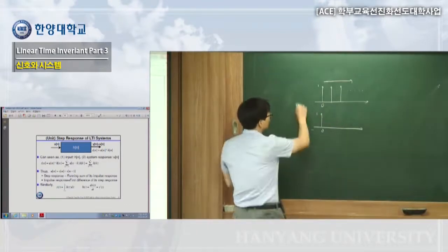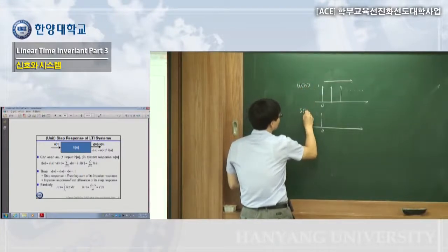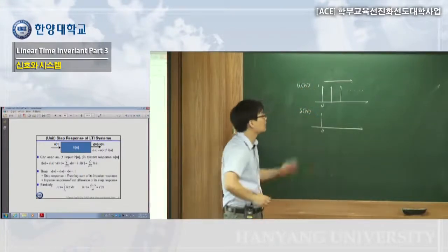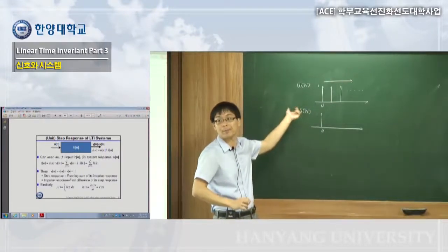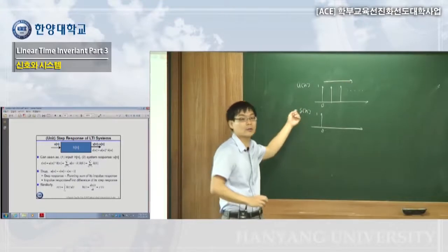And the delta function is the unit signal. What is the relationship between them? We learned about it in Chapter 1, right?